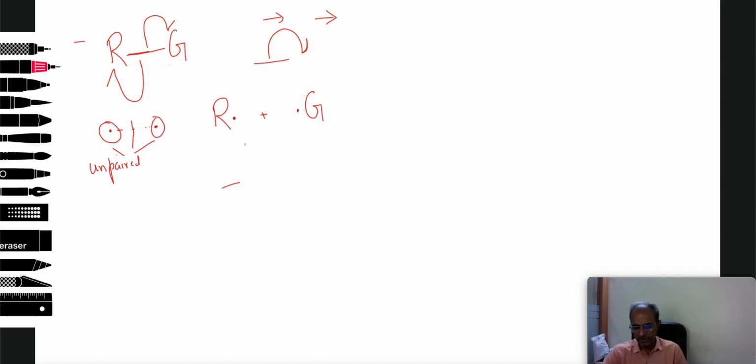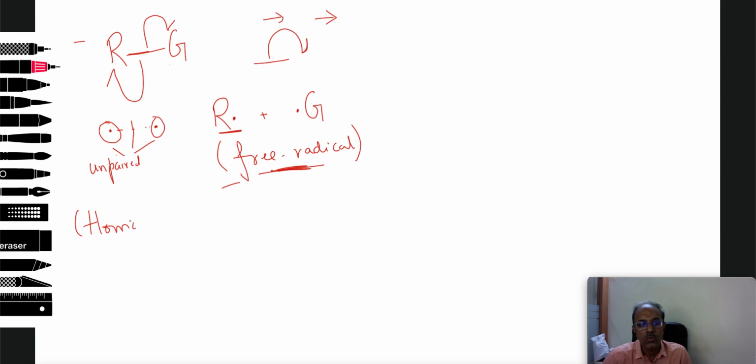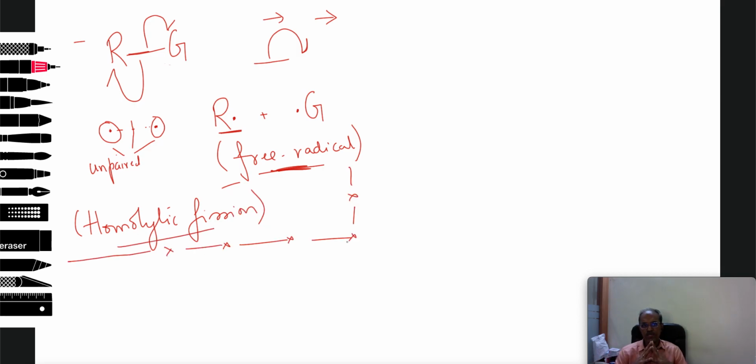These things are known as free radical. Free radical is when an R fragment has a single unpaired electron, and this fragment has a single electron. And such type of breaking is known as homolytic fission. Okay.